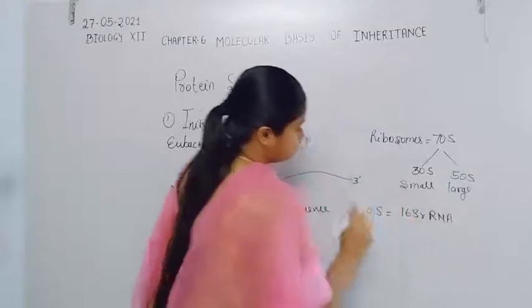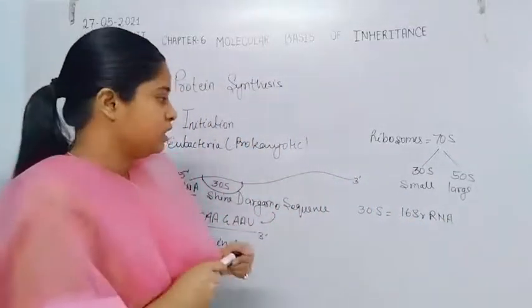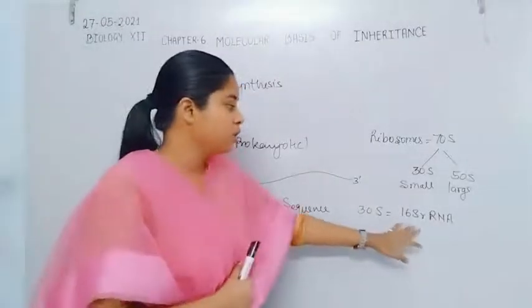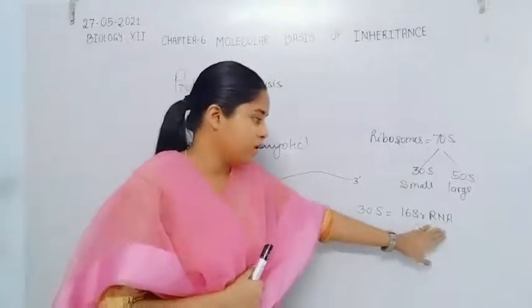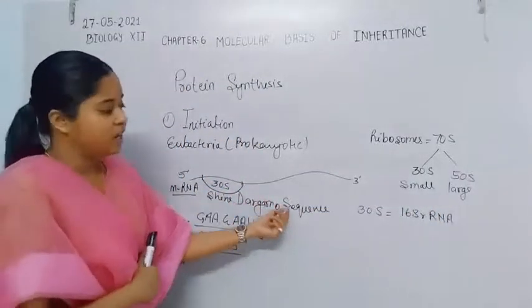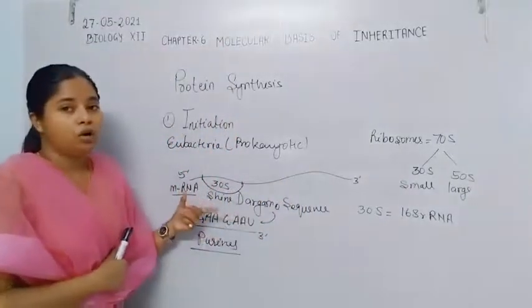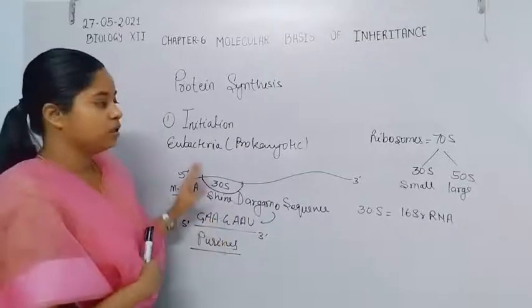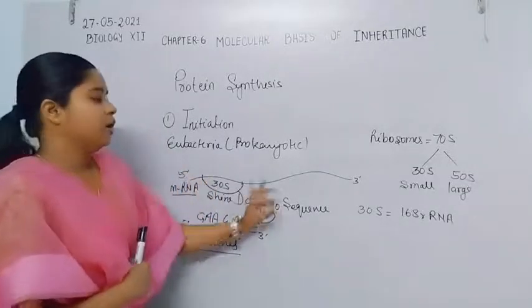The 3 prime terminal region of the 16S rRNA is complementary to the Shine-Dalgarno sequence, so they easily bind at this region.